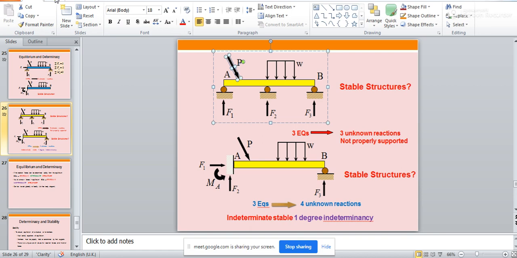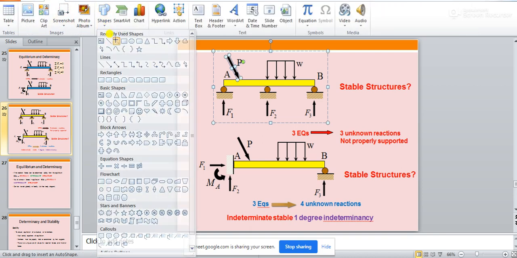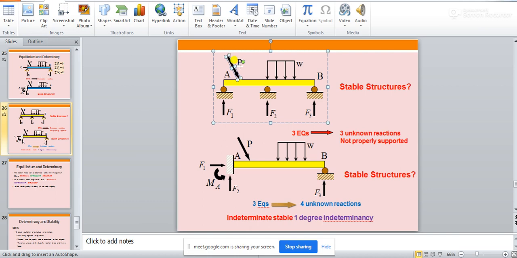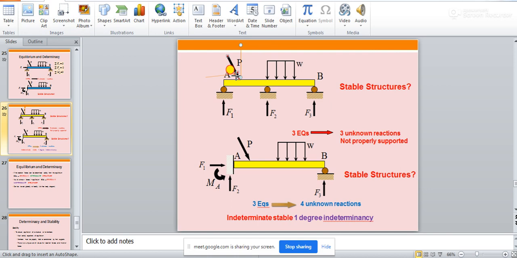Just a minute. Suppose this force is resolved in 2 directions, one in the vertical direction like this and one in the horizontal direction. Then what will happen?